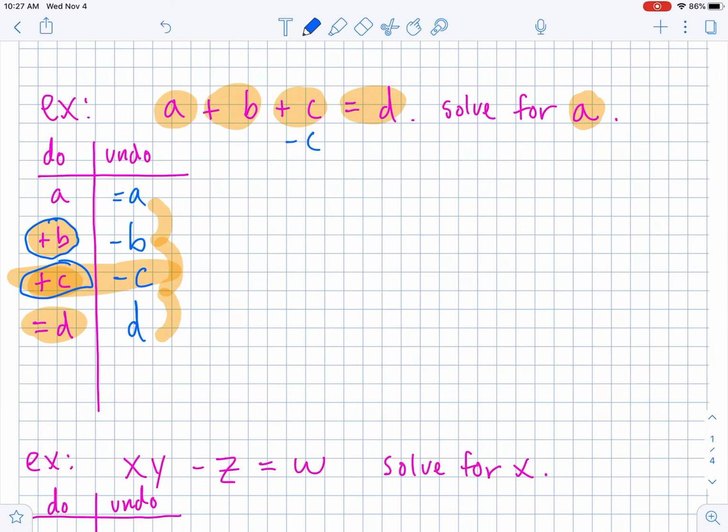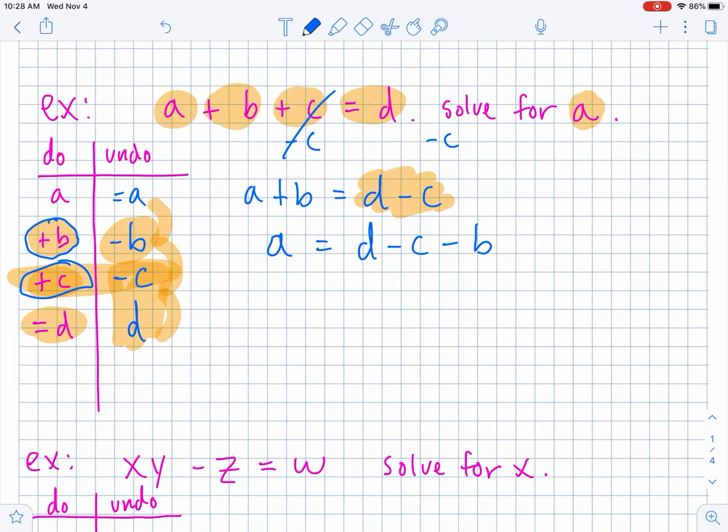If we subtract C from both sides, you could think of it like you're subtracting C underneath and subtracting C over here, but essentially these cancel out and you get A plus B is equal to D minus C. Please notice that the D minus C is the same as the D minus C here in our undo table. Then the next step is to subtract B. That's right here, the minus B part.